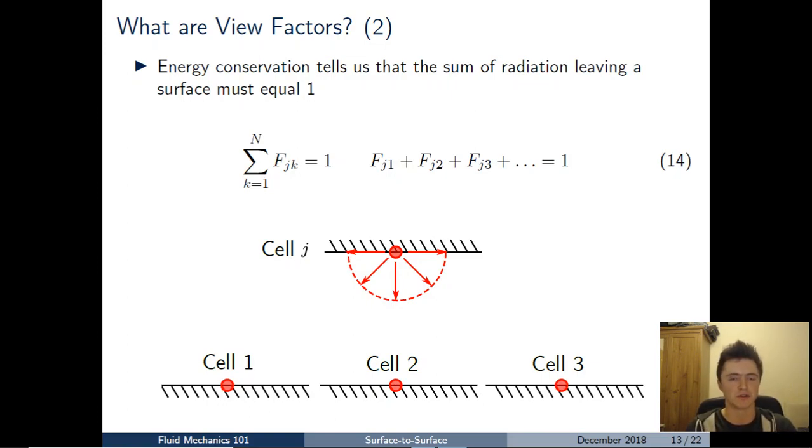So if we look at equation 14, then if we take F_JK, that's the view factor of the radiation leaving cell J incident on cell K, if we sum over cell K, so that's summing over all the cells that radiation is incident upon, then the sum of the fractions must equal 1. And that's one of our view factor identities, and it's purely a reflection of conservation of energy. And that's a useful identity that's often used later on when you're manipulating view factors, as we'll see. But this is really where it comes from.